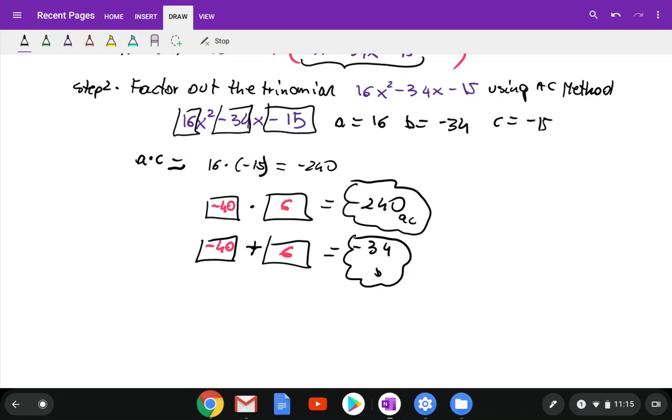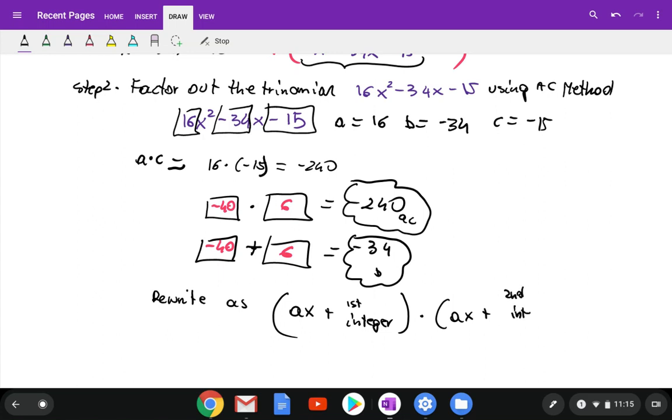Next, what we're going to do, you're going to rewrite as ax plus first integer times ax plus second integer. Okay, so let's do it.